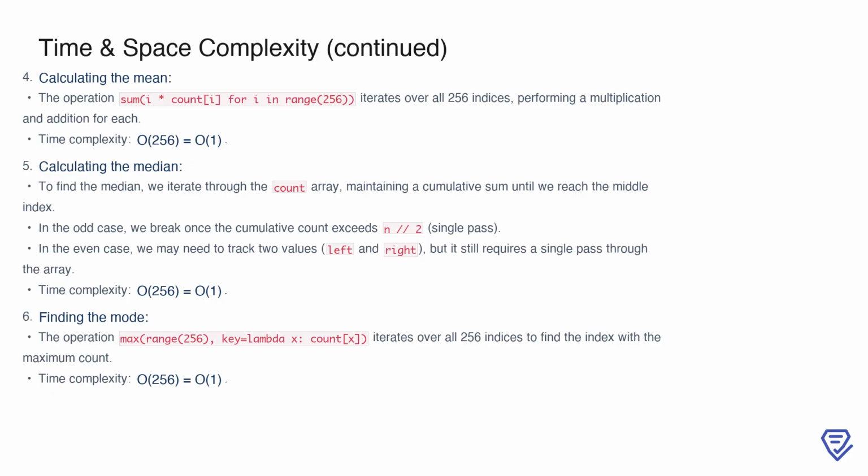Again, because the array has a constant size, this operation is O(1). Lastly, determining the mode involves scanning through the array to find the index with the highest count. This operation iterates over all 256 indices, comparing values, and is therefore constant in time, O(1). These computations demonstrate the efficiency of directly working with the fixed-size count array.